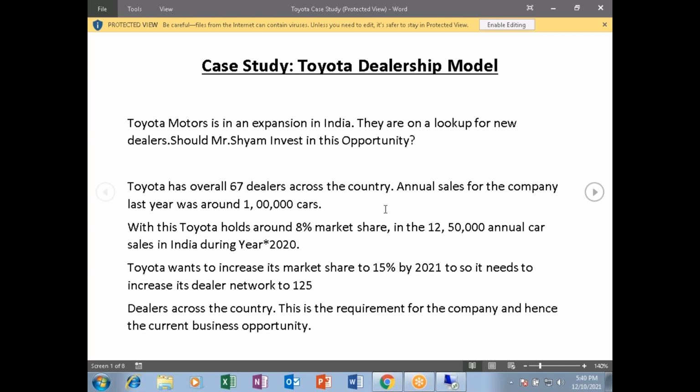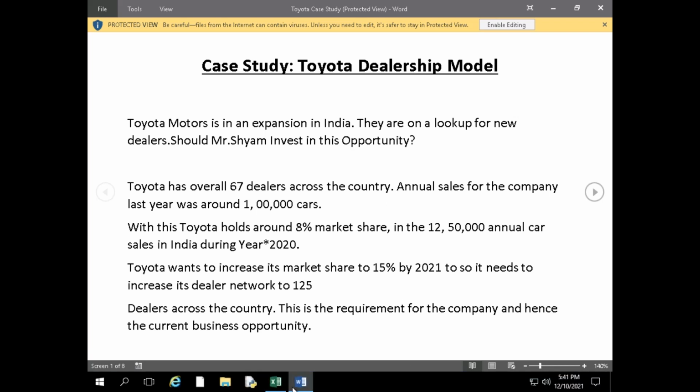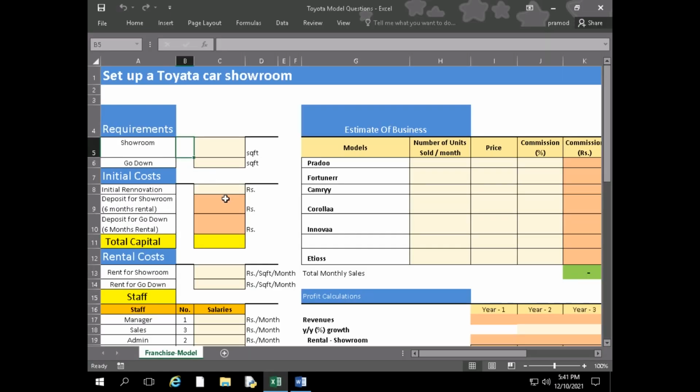It is a dealership we do. In this, first we need to find out our requirements: showroom, godown, initial cost, deposit for the showroom, deposit for godown, total capital. You know the sum, how to do the format.